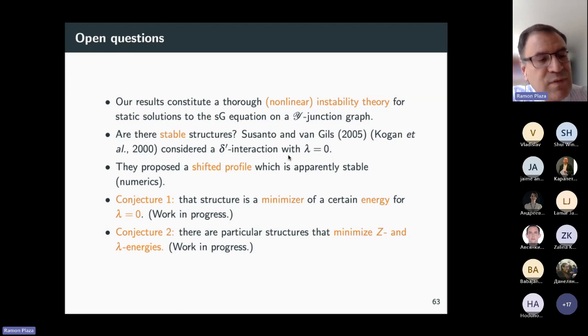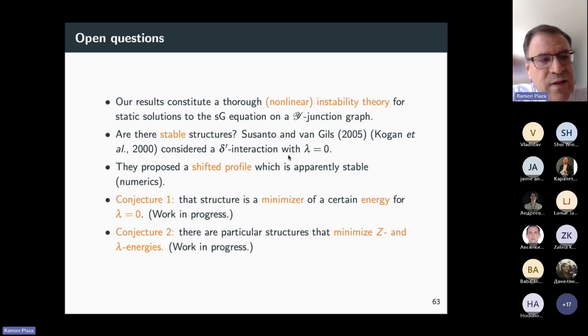nonlinear instability from the linear stability result, thanks to an early result by Henry and collaborators, in which if you have precisely this regularity of the data solution map, which has to be C2, then you can prove that iterations of the nonlinear map are actually controlled by the unstable eigenvalue, and then you can apply this nonlinear map repeatedly in order to conclude that these stationary profiles are unstable under the flow of the sine-Gordon model on the graph.